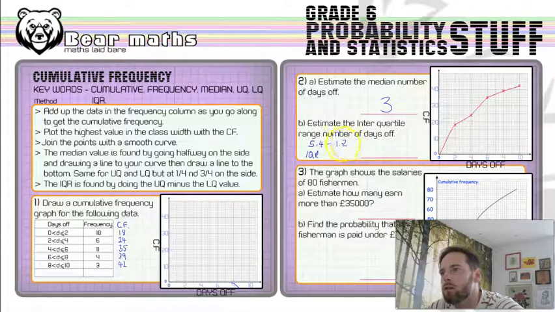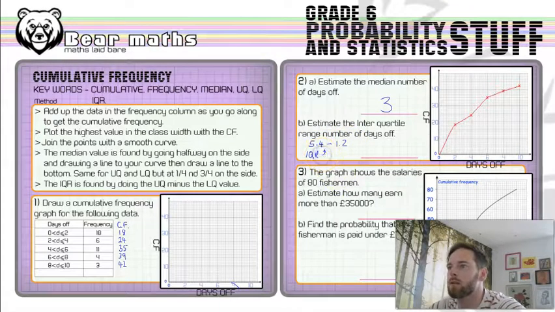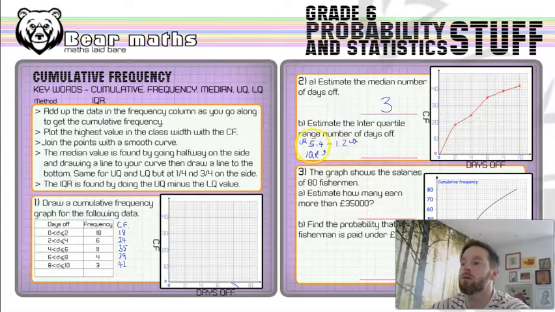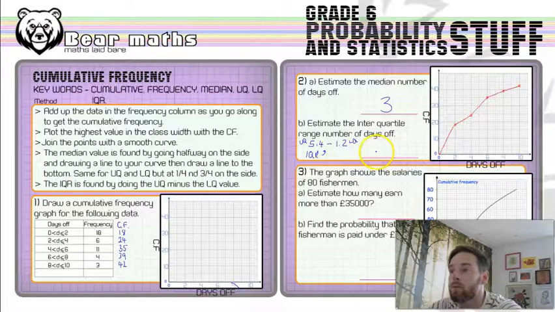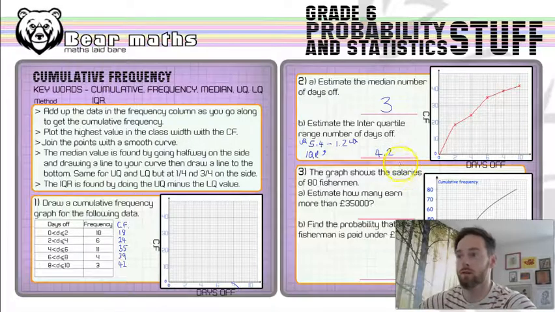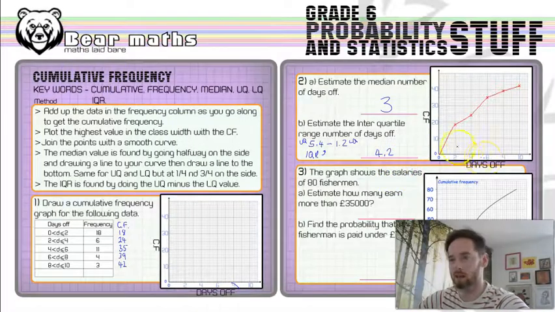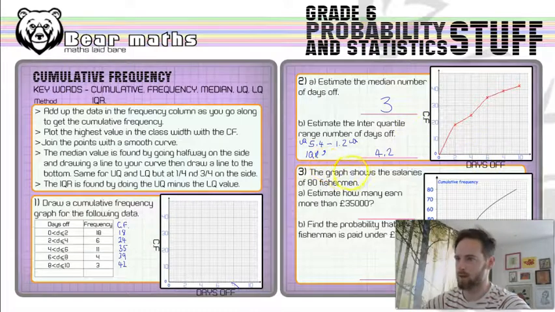That's what the interquartile range is. That's how we calculate it, because that's our upper quartile and that's our lower quartile value. So if we take away 1.2, we get 4.2. And that's the interquartile range number of days off.